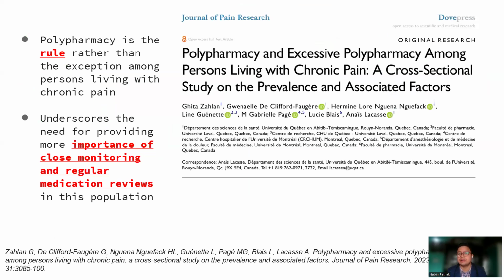A recently published paper in 2023 in the Journal of Pain Research, dealing with chronic pain patients, highlights that despite there being several treatment therapies and several medicines used in chronic pain causing polypharmacy, the concept of polypharmacy should not be misleading, such that the article states that polypharmacy is the rule rather than the exception among persons living with chronic pain.